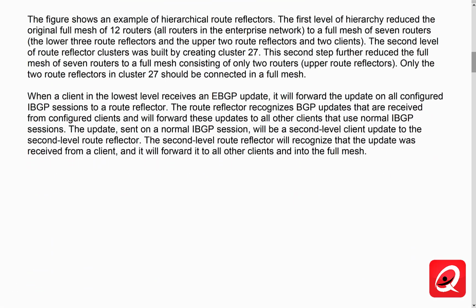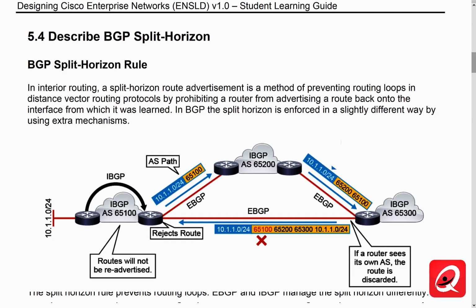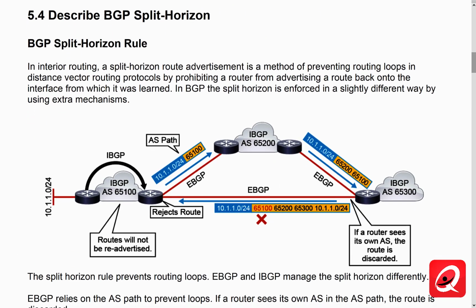So all of this stuff that we've been talking about is related to the fact that we have this BGP split horizon rule. Split horizon is a general rule that says, never advertise something out the same place you heard it from. Well, in the case of BGP, this is a pretty critical concept, right? All routers inside of an autonomous system have to make a routing decision in a consistent way, right?